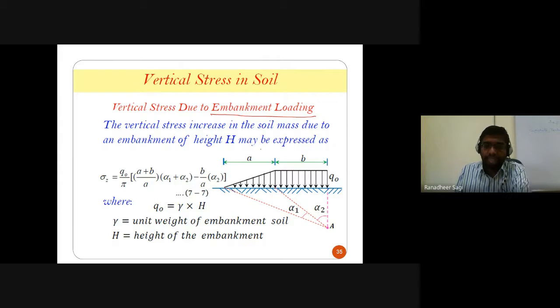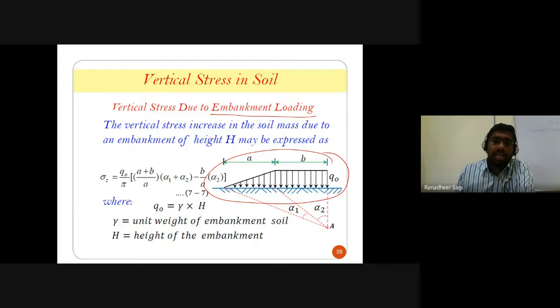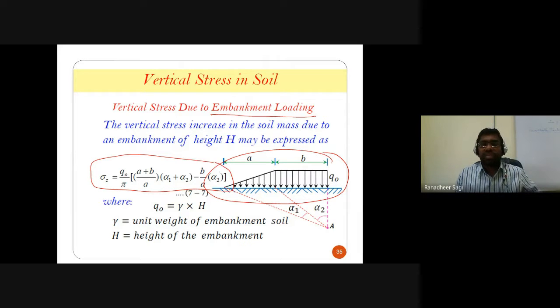So for that particular loading condition, if we want to calculate how the stresses are increased in the ground at any particular depth, this is the expression by which we can calculate the increment in vertical stress because of the embankment loading acting on the ground.